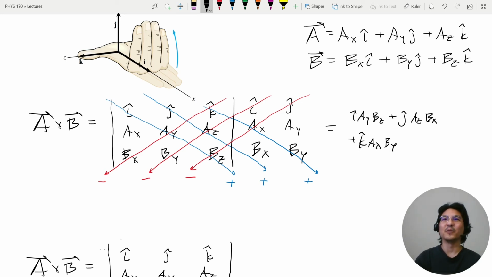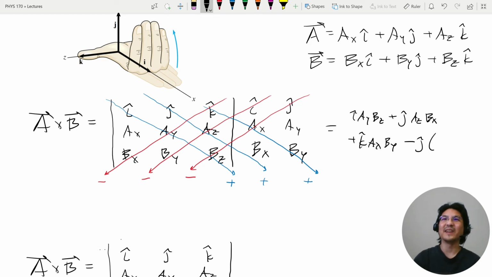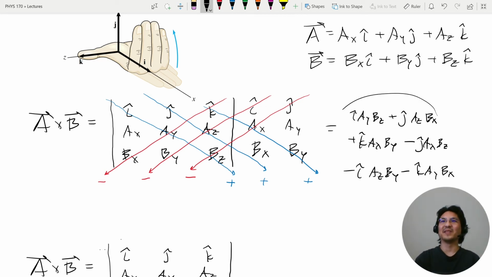Then going this way now, minus J hat AX BZ, and then this one minus I hat AZ BY, minus the last one, this one, K hat AY BX. Okay, and you can gather terms.